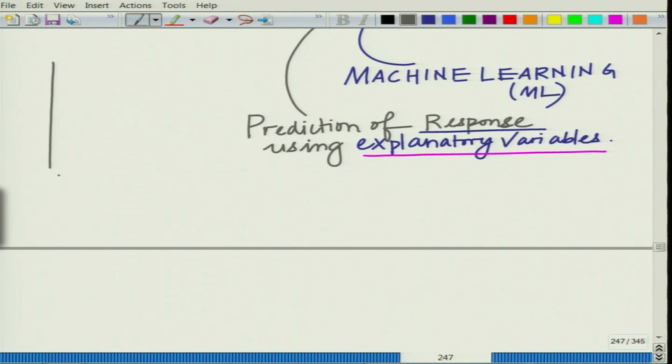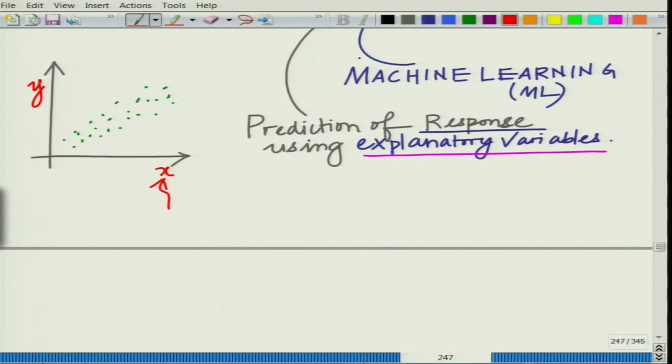So, let's illustrate it using a simple plot. Let's say you have a lot of data, and clearly you can see this data are correlated. So, let's say I denote by x and y.